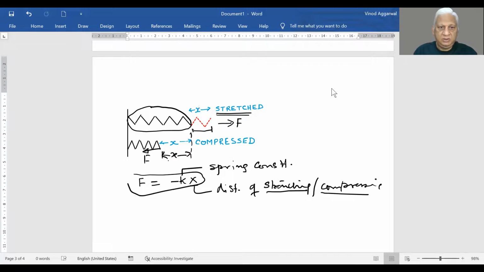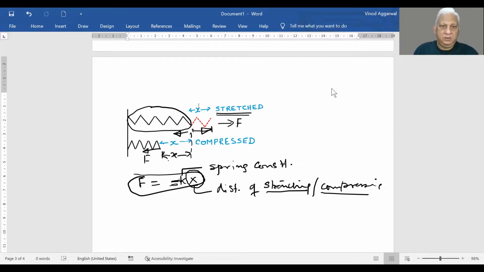This term means the force applied to stretch or compress a spring is directly proportional to the distance it is stretched or compressed. Why this negative sign? Because when you stretch it in this direction, the spring applies a negative force, equal and opposite, in the other direction. That is why there is a negative sign here.